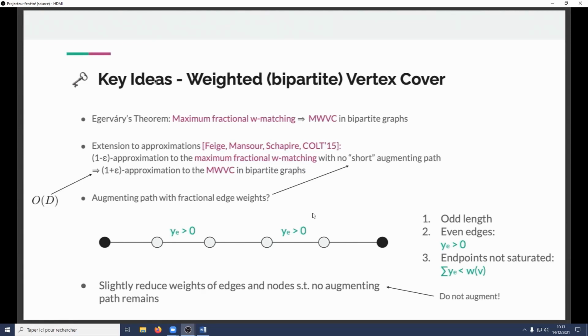And then we apply our construction to this graph G prime. Since we just slightly decreased weights, we still have a good approximation to the vertex cover in the original graph. And that's basically the idea for our vertex cover, which then results in a poly log n divided by epsilon runtime.